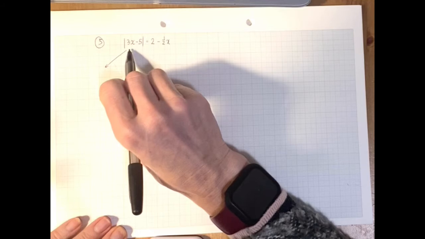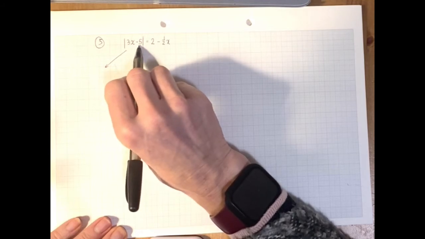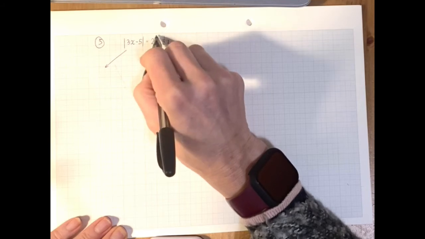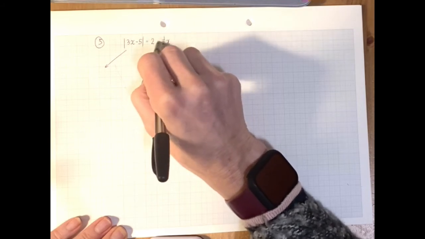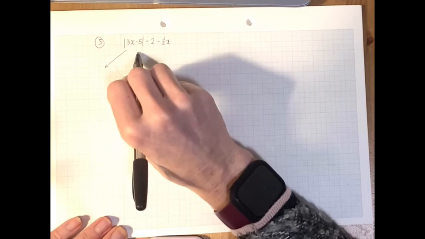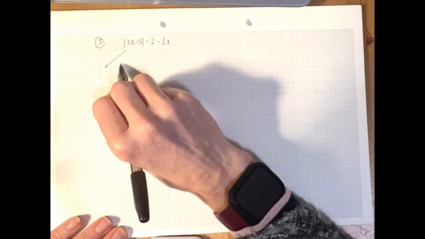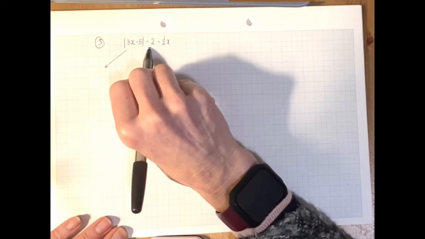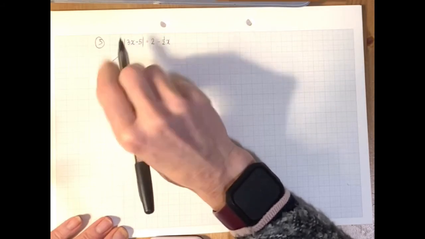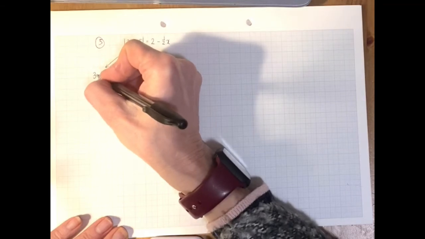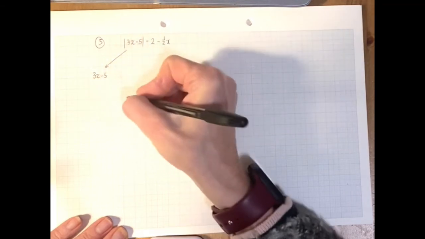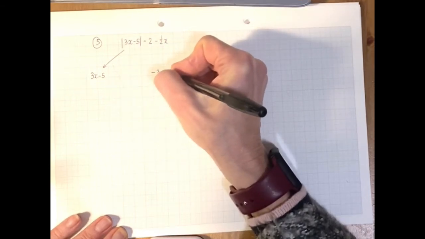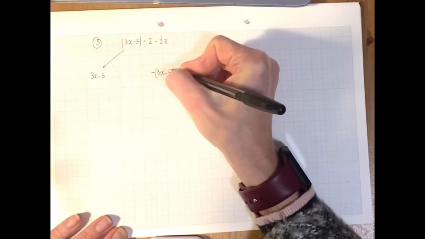Now we're going to sketch it just to show you graphically. So there's two ways of doing it. One way is making 3x minus 5 equal to 2 minus a half of x, or minus 2 plus a half of x. Or, and that's the way I'm going to do it, just so you see a different way, rather than changing this to opposite values, I'll change this to the opposite values, because whatever is in the bracket could be equal to 3x minus 5 or minus 3x minus 5.